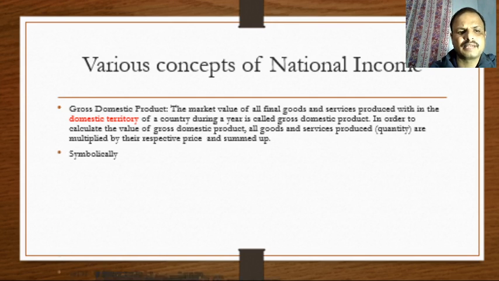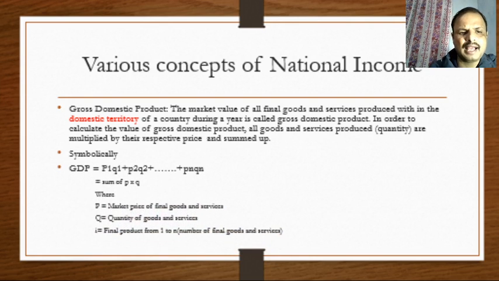That means GDP = P1Q1 + P2Q2 + ... + PnQn. That means we have to multiply the quantity with its price. Here P is the price of final goods and services, Q means quantity of goods and services, and i means final goods and services of a country.